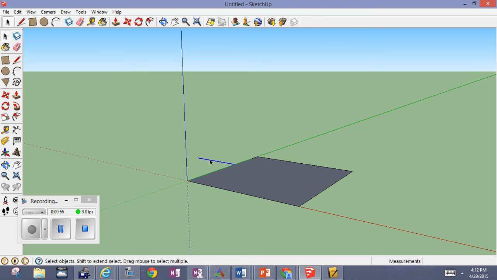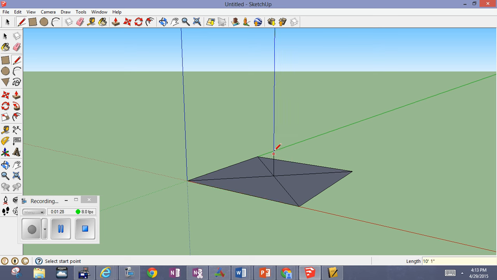So in order to do that, I need to draw the diagonals of my box, and then find the midpoint and draw a segment right out of the midpoint, parallel with the blue axis there. I'm going to pull that up 12 feet.